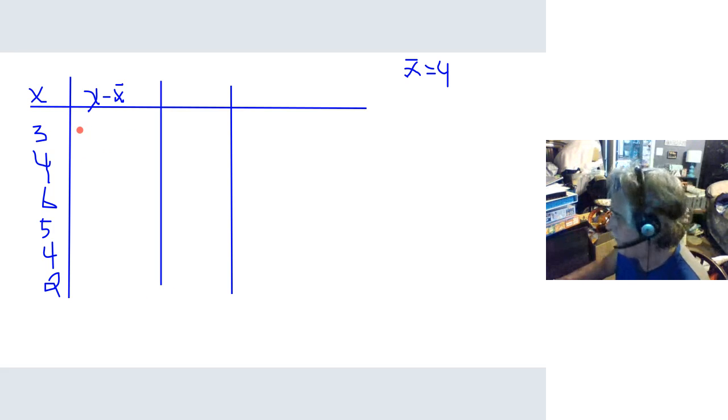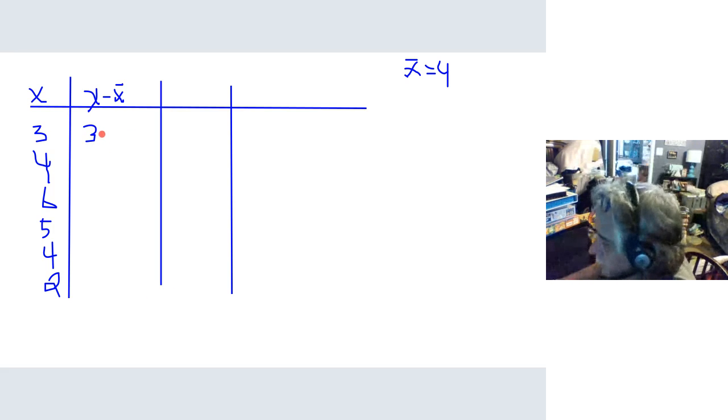All right. So I'm just going to show you the calculation, just so you can see all the little pieces. So we're just going to subtract 4 from every one of these. So this right here, it's -1.